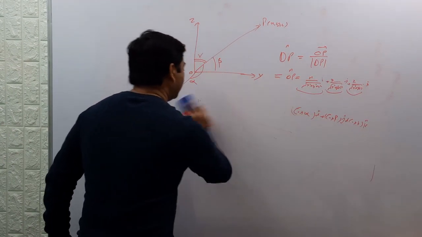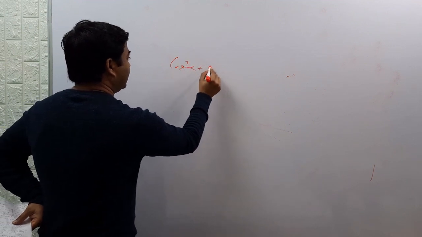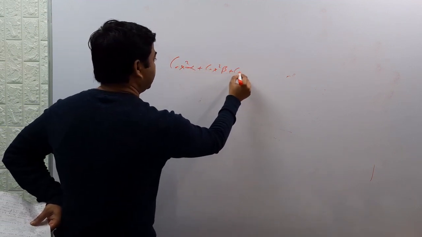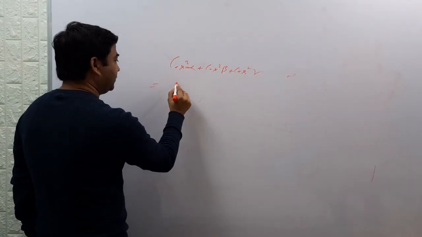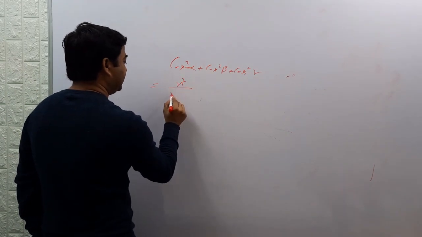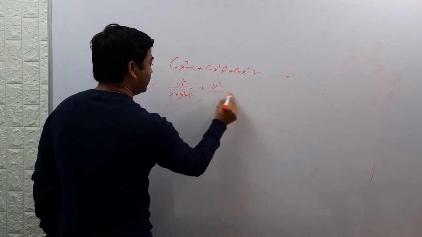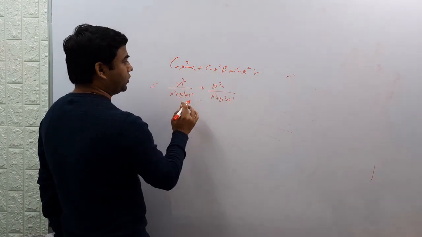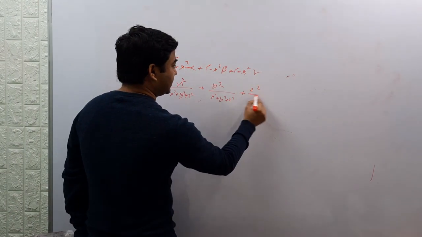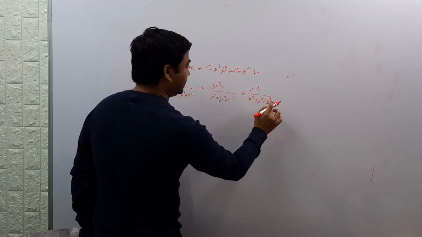Now, another important property of directional cosines. cos square alpha plus cos square beta plus cos square gamma is equal to, from the formula, x square divided by x square plus y square plus z square, plus y square divided by x square plus y square plus z square, plus z square divided by x square plus y square plus z square.